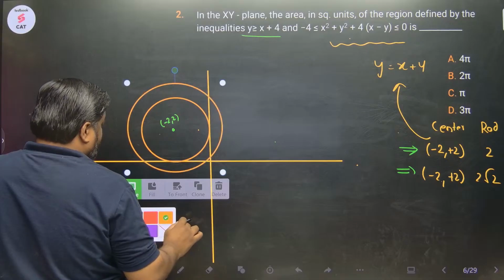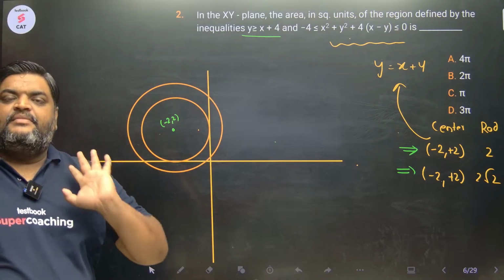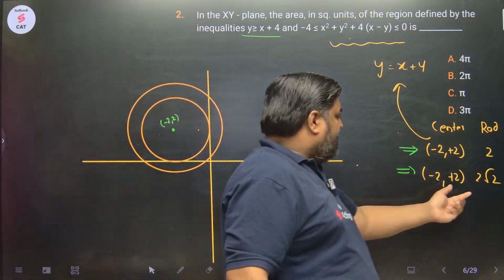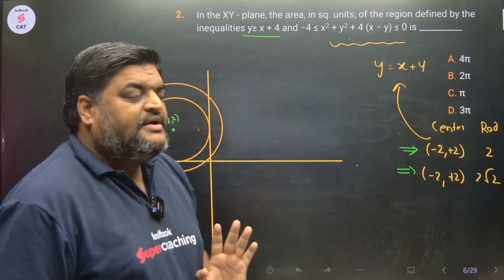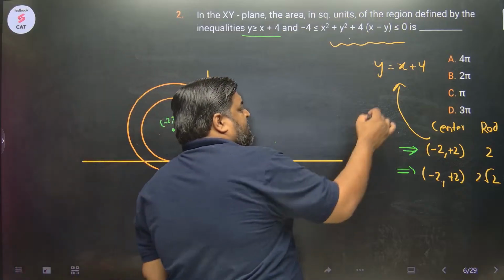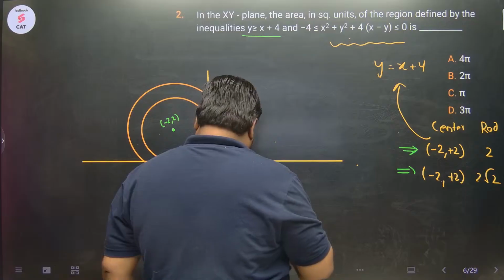So the second circle looks like this. The center is the same. The only thing is the radius is bigger. The radius of the second circle is bigger. And what about this line? We found the intercepts of this line, right?